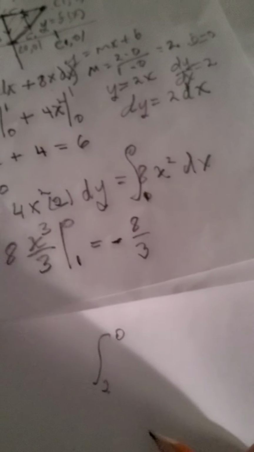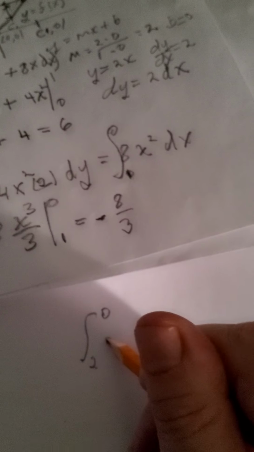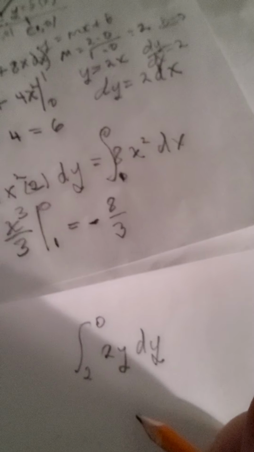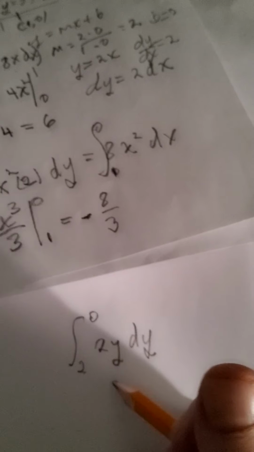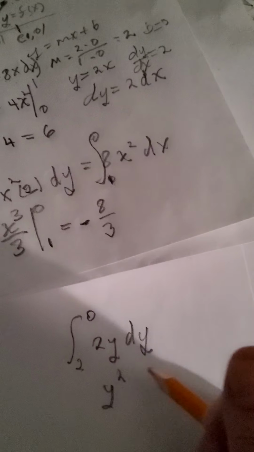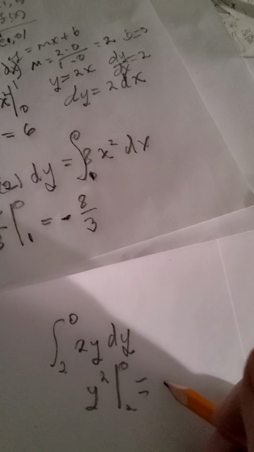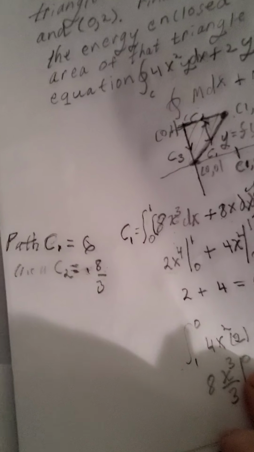I'm going 2 to 0 of the y part of the equation, which would just be 2y dy. And that one's pretty easy because you got y squared over 2 and then multiplied by 2. It's just going to have y squared evaluated at 0 and 2, which is just going to be negative 4. Okay?